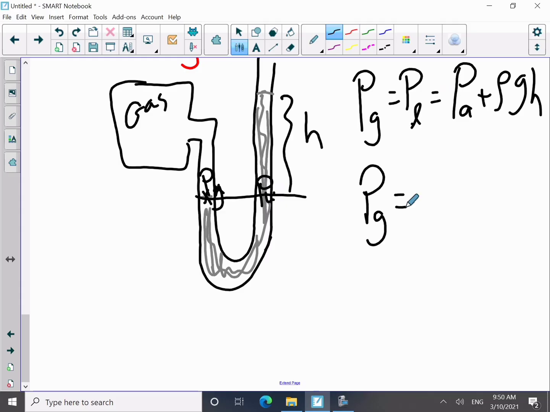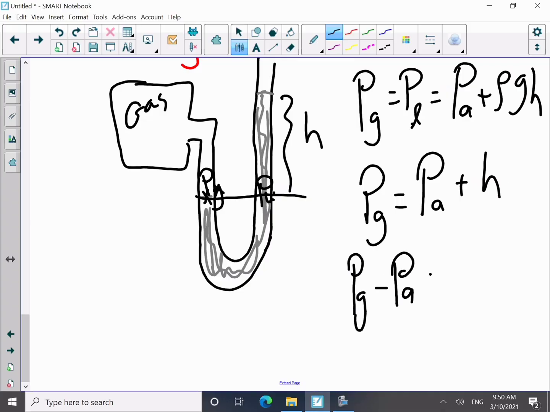So the P gas will be the atmospheric air pressure plus the height of the mercury. Okay, and Pg minus Pa, the pressure of the gas minus the atmospheric air pressure, will be equal H. This value is marked by delta P.